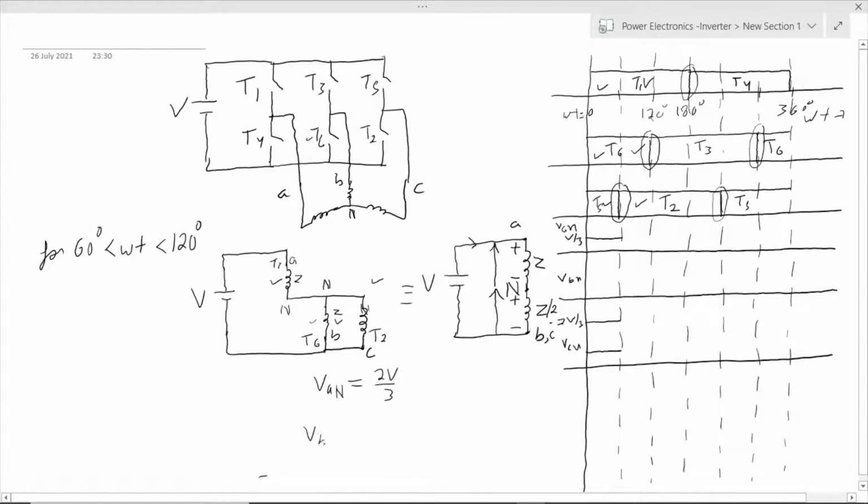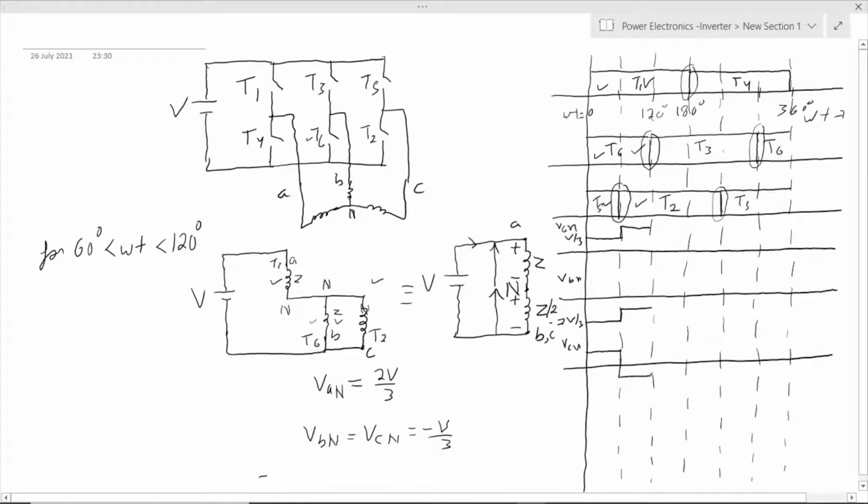And what will be VBN is equal to VCN? It will be minus V by 3. Okay, so now we can draw it again. For VAN, it will be 2V by 3, like this. And VBN will be a bit less. Okay, and VCN will be minus V by 3.